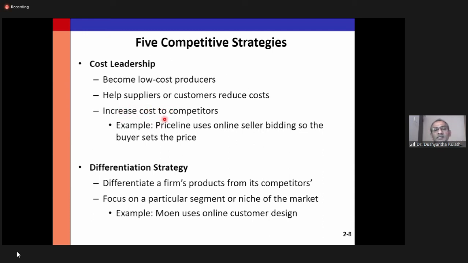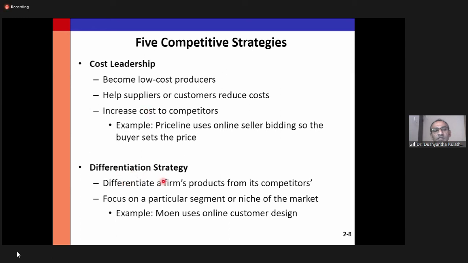Otherwise, they will find it difficult to compete with your company. That is an example of increasing the cost to competitors, because competitors are compelled to make investments which they did not forecast, which they did not expect, because this large company invested, so others will have to follow. All are under cost leadership strategy.